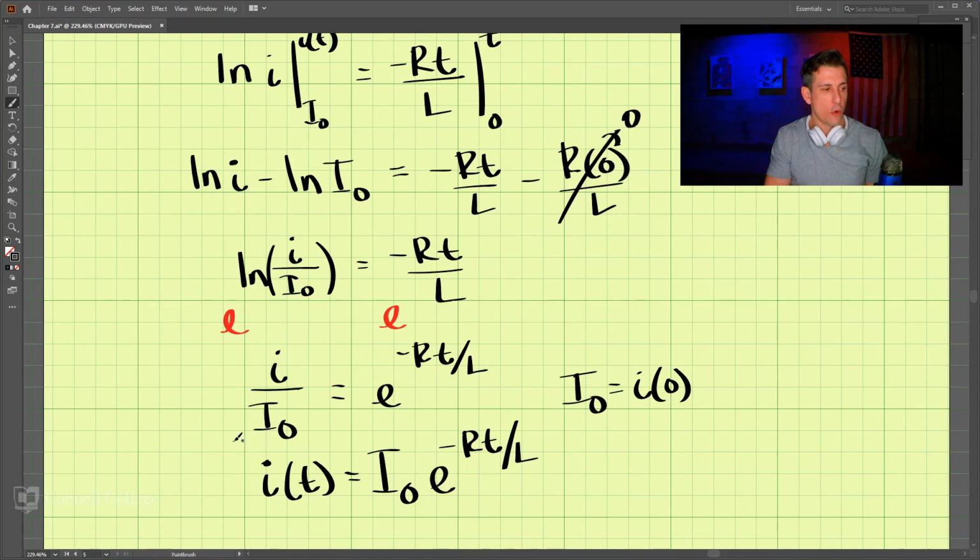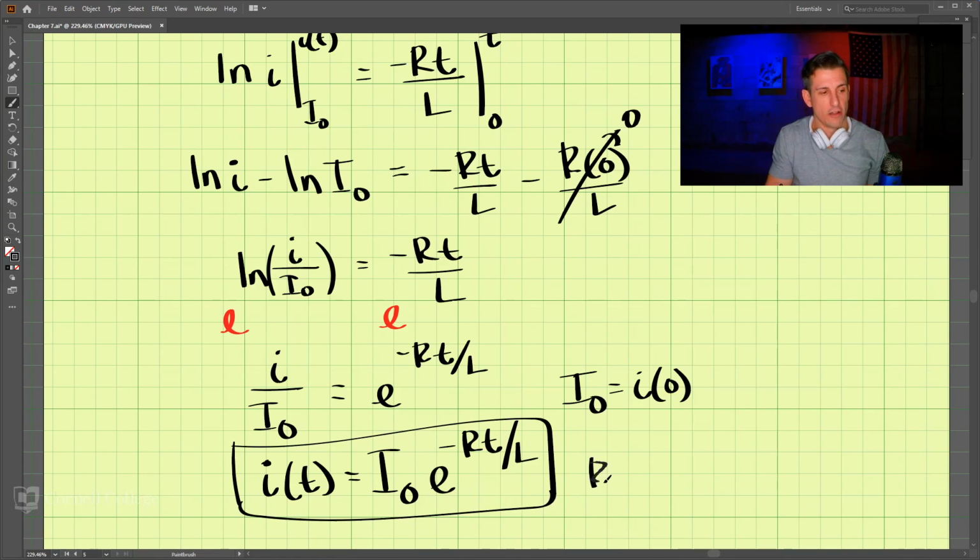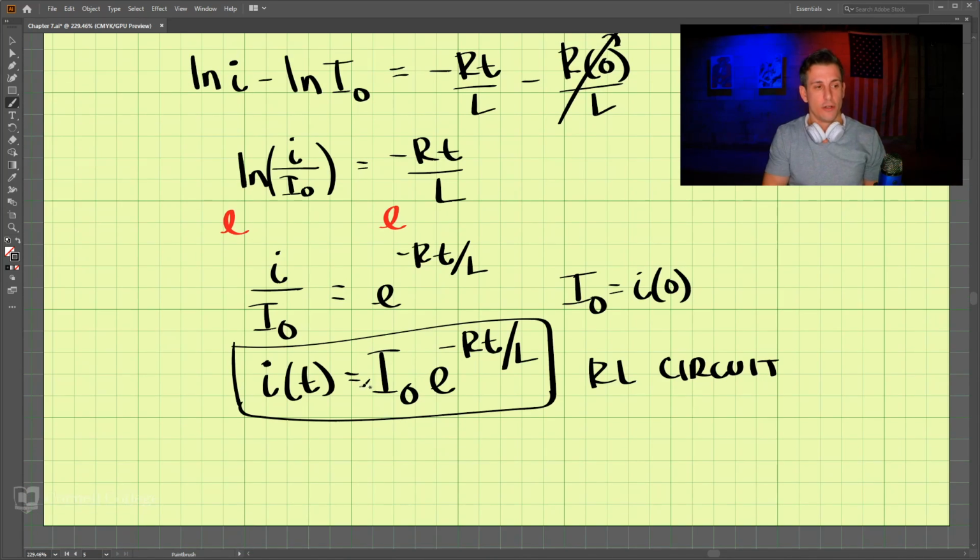So this is the equation that we use for an RL circuit. And it looks similar to an RC circuit, except we're dealing with currents here instead of voltages.